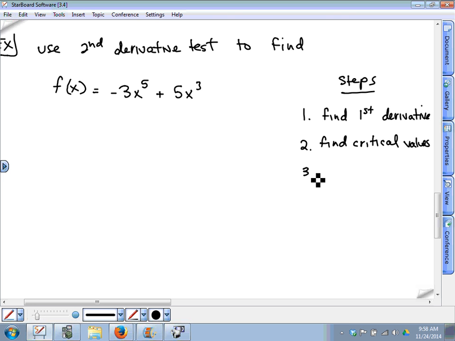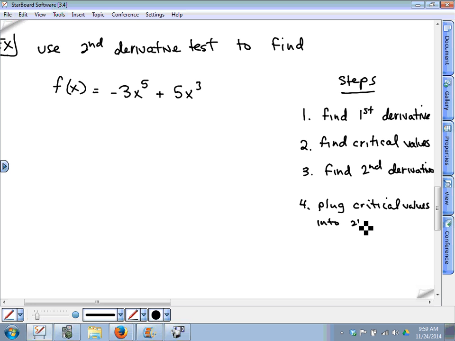So now that you have critical values, then you find the second derivative, and you plug critical values into the second derivative. So you need the first derivative, then critical values, then the second derivative.